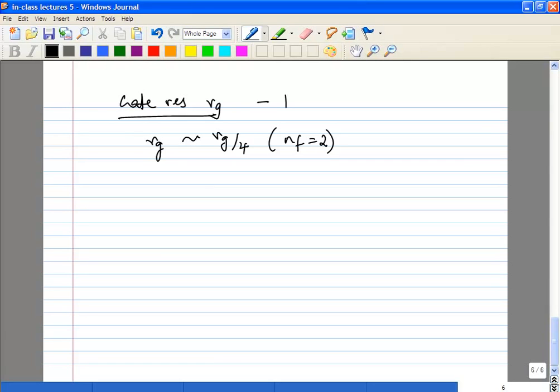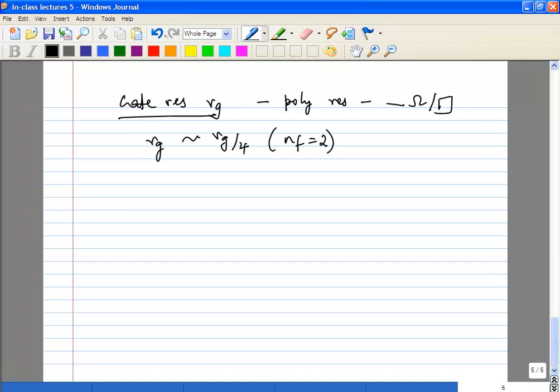And remember, this will be a function of your polysilicon resistance, and usually this will be given as so many ohms per square.